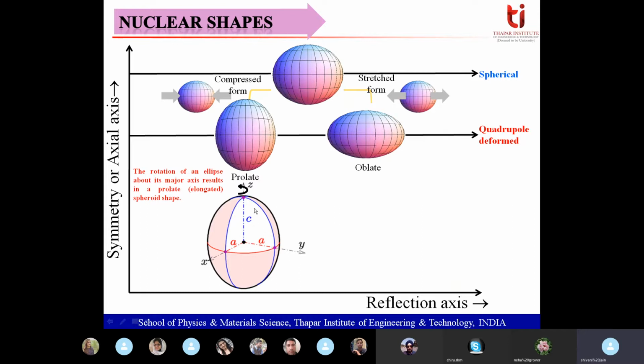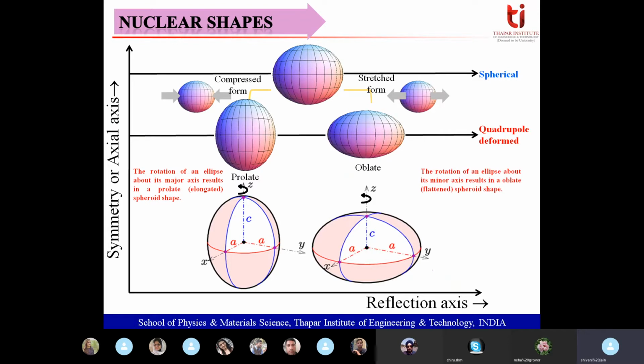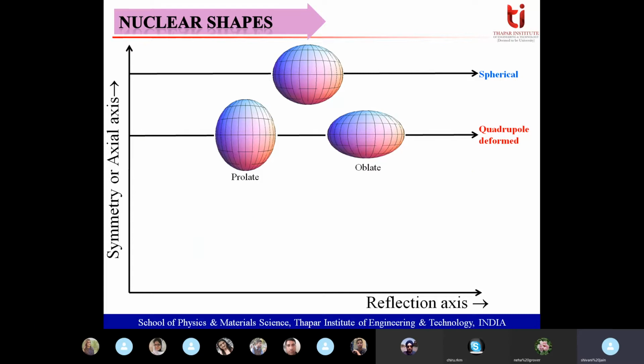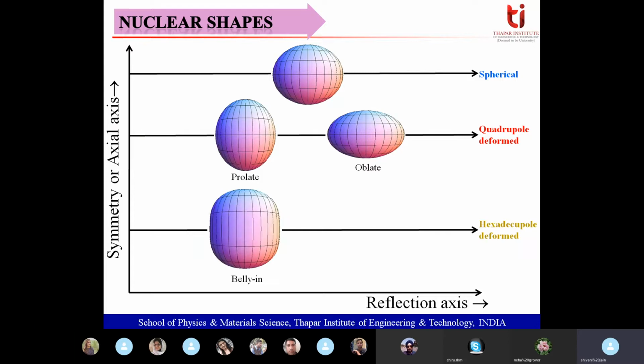On the other hand, the symmetry axis comes along the minor axis length of the oblate. These shapes are also called biaxial shapes. If we introduce higher order deformed biaxial shapes, then hexadecapole deformations are considered. One is named belly in and the other belly out shape.